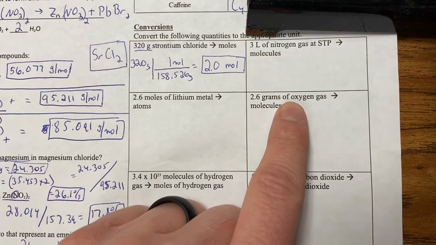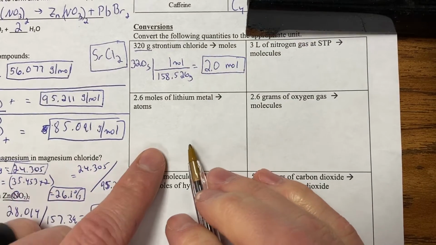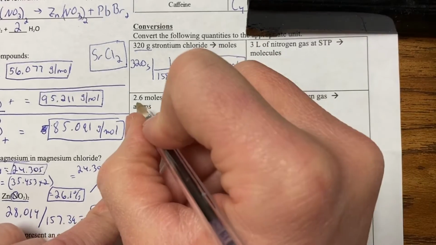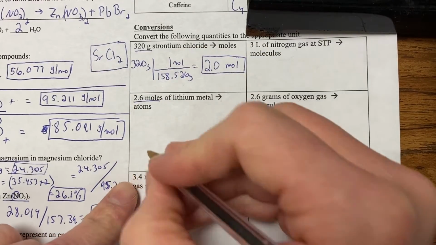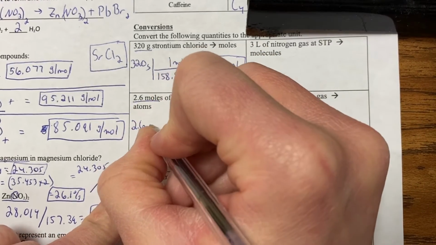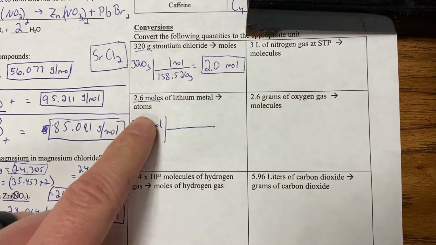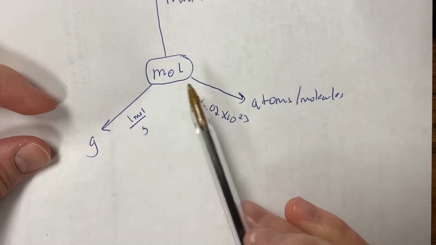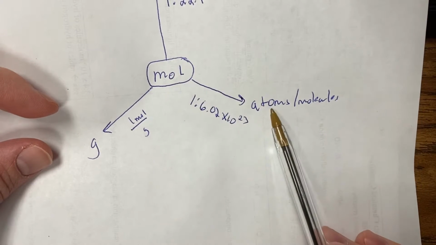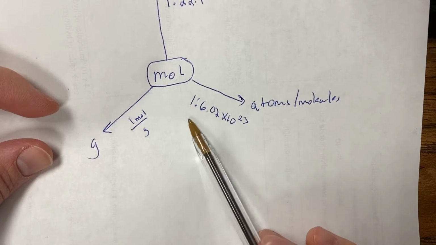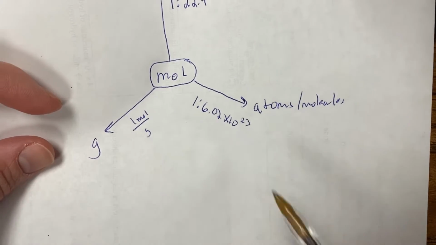Moving over to here, I'm going to do it under this question. It's still a 2-step. I always start with exactly the number they gave me, which in this case is 2.6 moles. Now it wants me to go to atoms. So I'm going to go from moles and convert to atoms. For every 1 mole, it's 6.02 times 10 to the 23rd atoms.